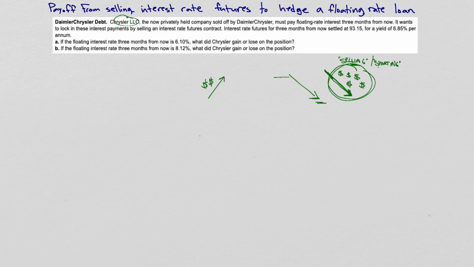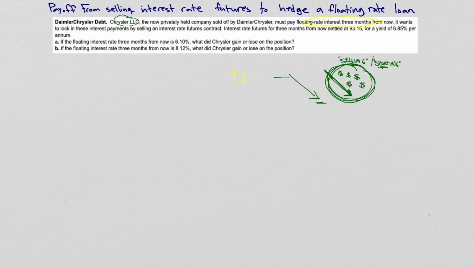They mean the same thing in industry. But the profit from shorting this interest rate futures contract is going to offset the additional payments that they have to make because of the higher interest rate on their 3-month floating interest rate.